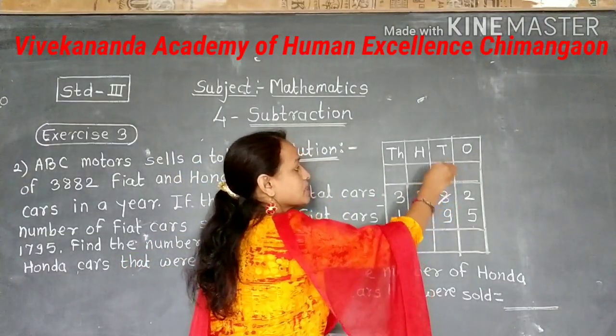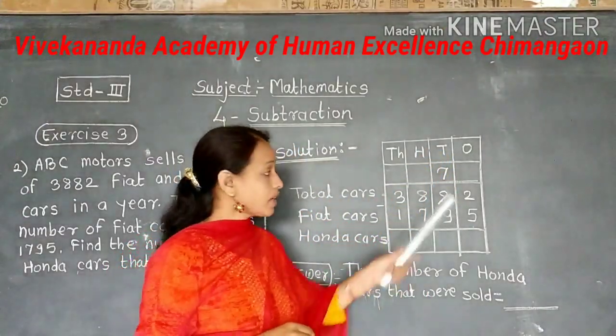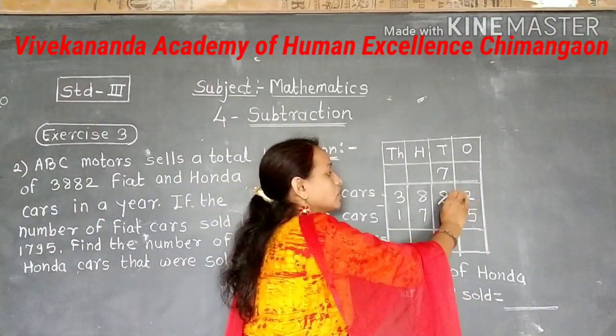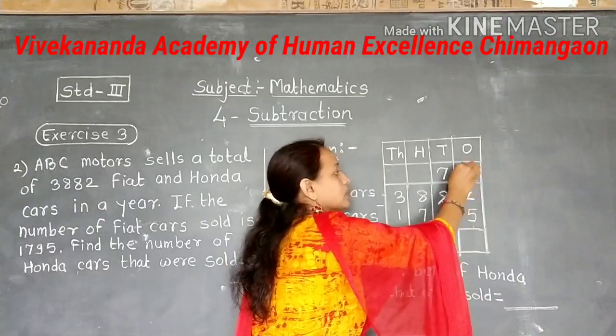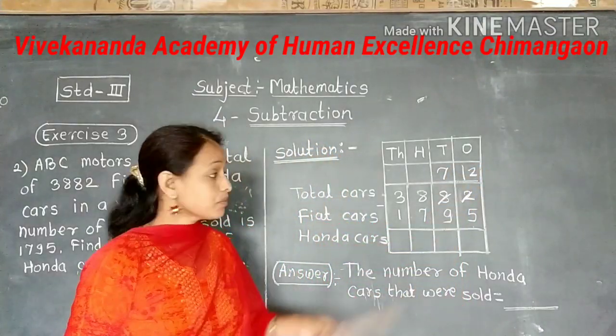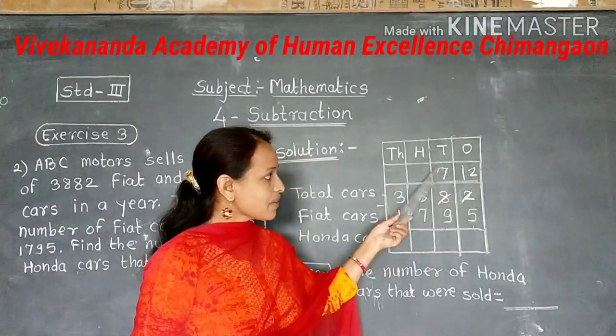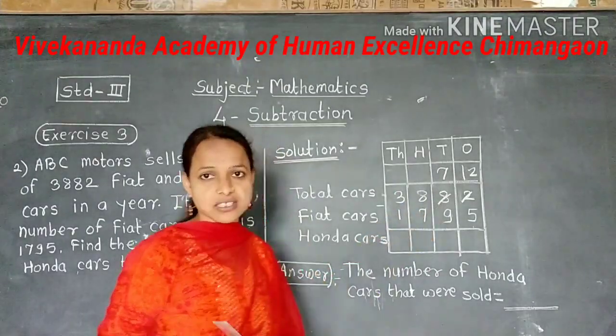So 7 remains here, and 2 ones become 12. That means 7 tens and 12 ones.